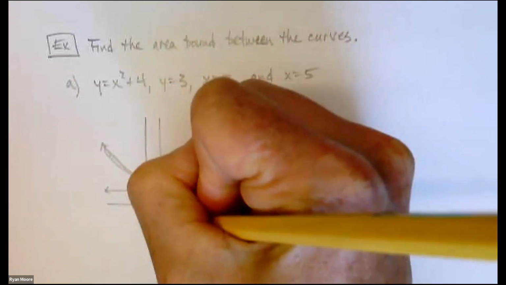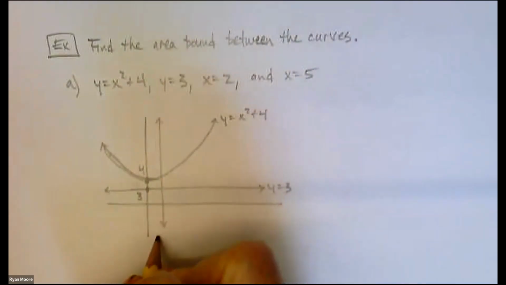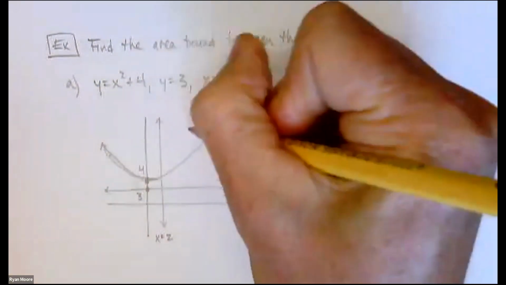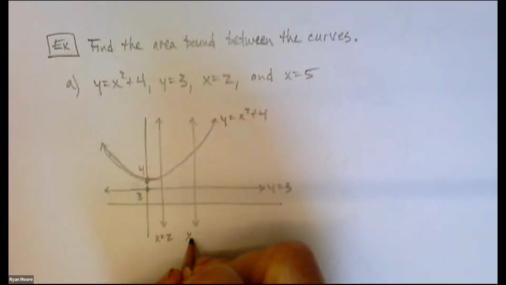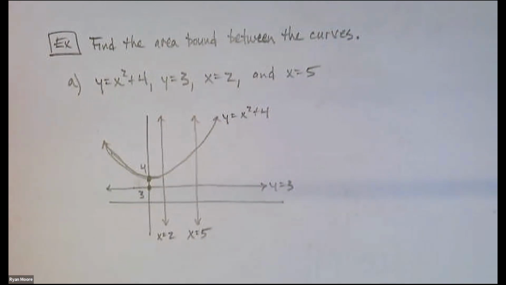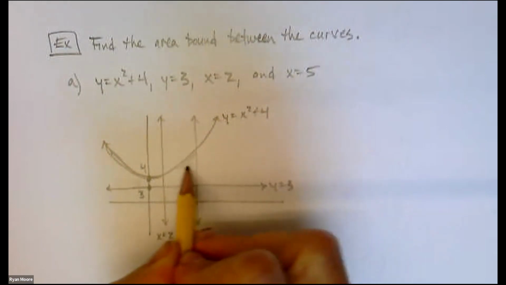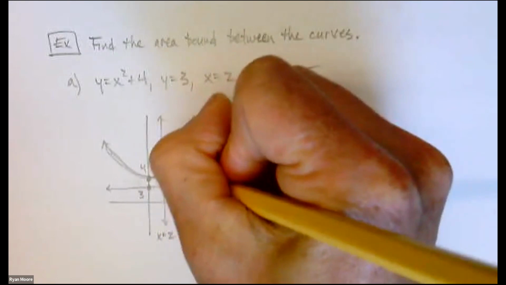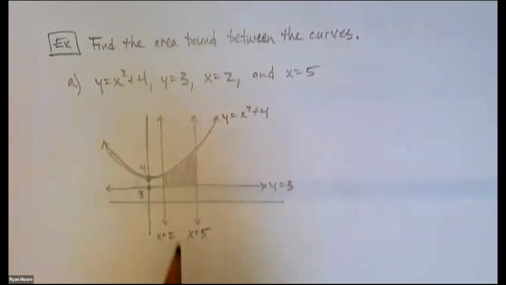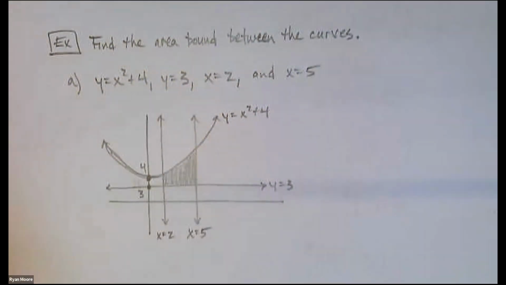One of them is at 2, the other at 5. So this will give me a good enough picture of what's happening. Now, again, which region is it? It's this one right here. This region is touching all 4 of my boundaries.